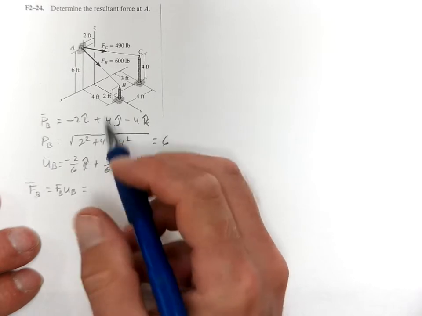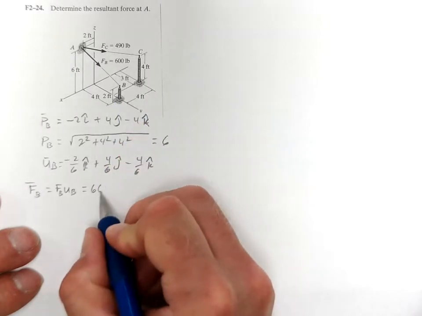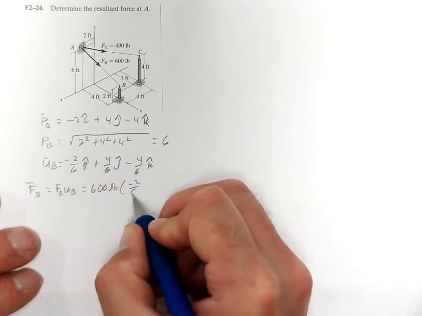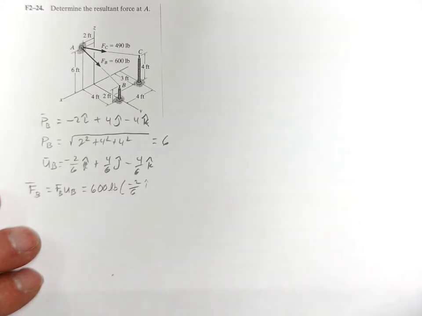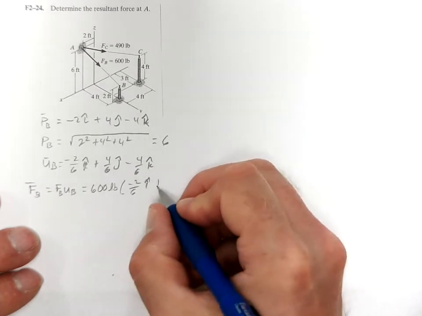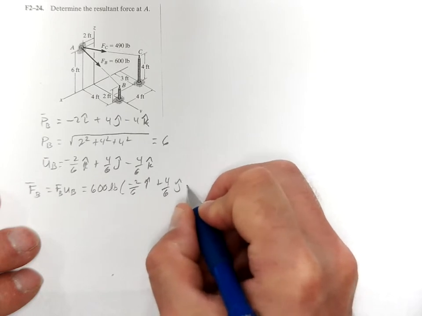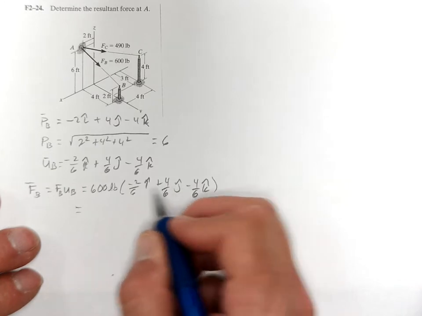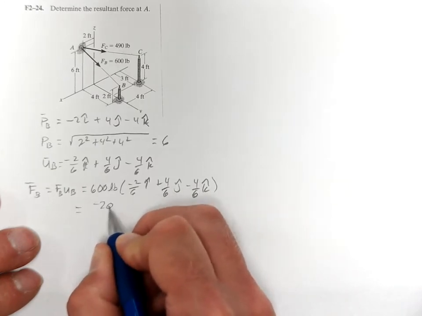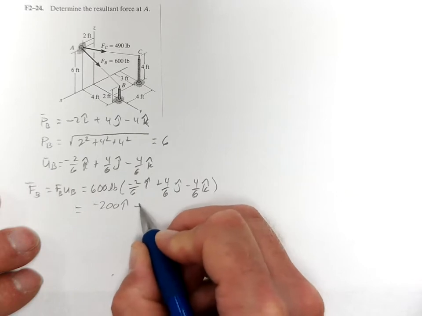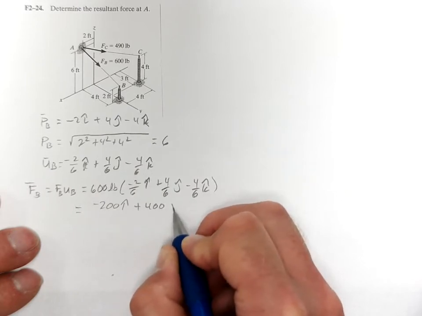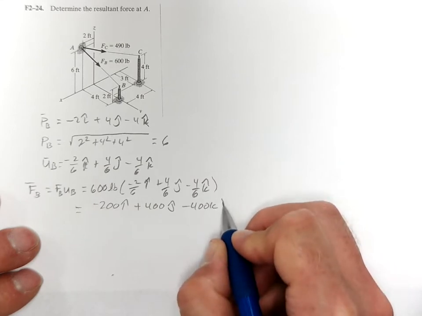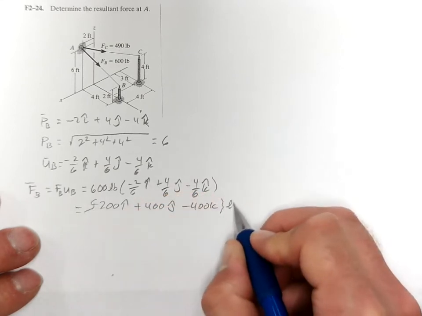And so now we have a force of 600 pounds times the unit vector -2/6 i plus 4/6 j minus 4/6 k, which gives us a force vector of -200 in the i plus 400 in the j minus 400 in the k, and that is all in pounds.